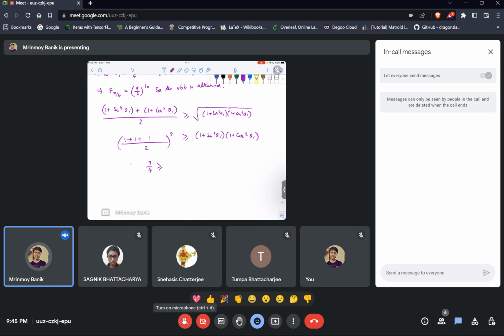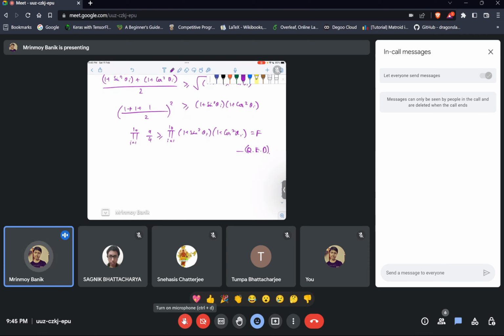So we can take the product over i from 1 through 10, which is f. So f has the upper bound (9/4) to the power 10.